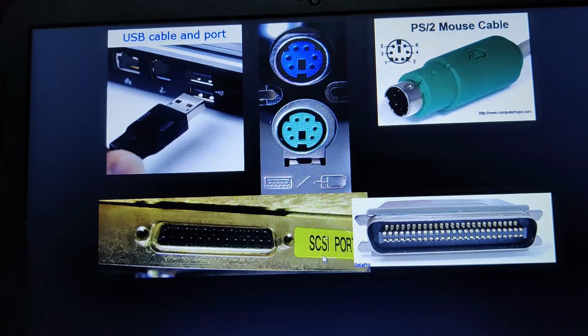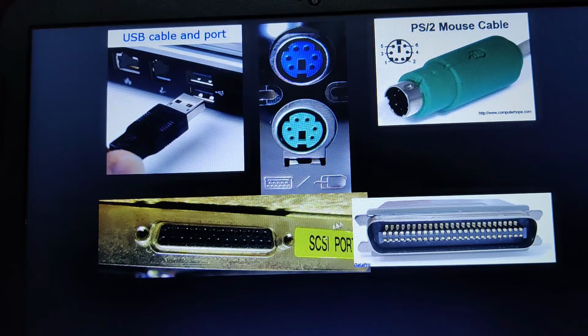Moving on to the next one, that is the SCSI port. SCSI actually stands for small computer system interface port. Usually this SCSI port helps us connect very high end hard disk drives, high end scanners, CD-ROM drives, the high end external devices.